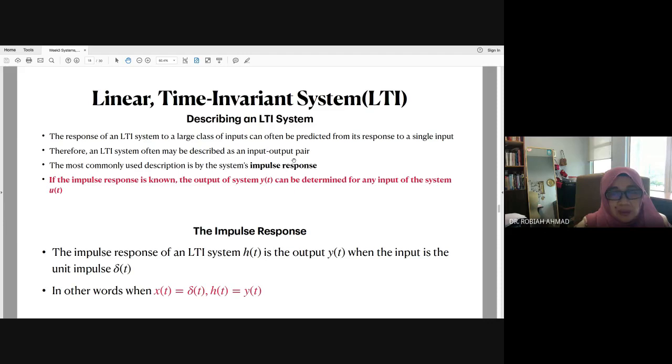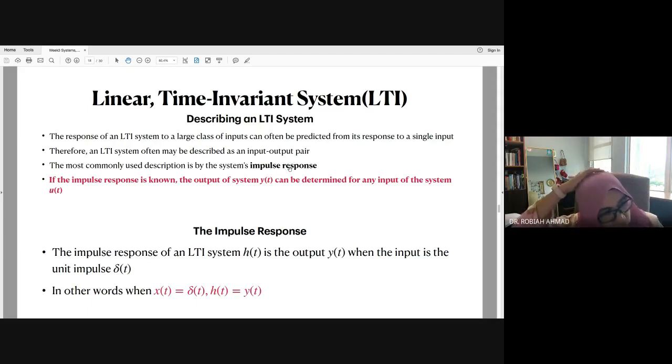So that's why kita kena understand the properties tadi, the classification, the interconnection, so that it helps us to understand the system as a whole. Okay, so bila kita kata kita ada LTI system, we have the inputs, so we can have the predicted output. The most commonly used description is by the system impulse response.